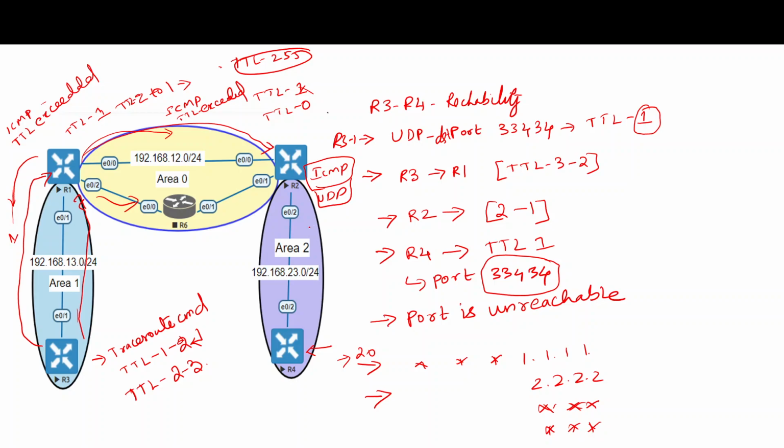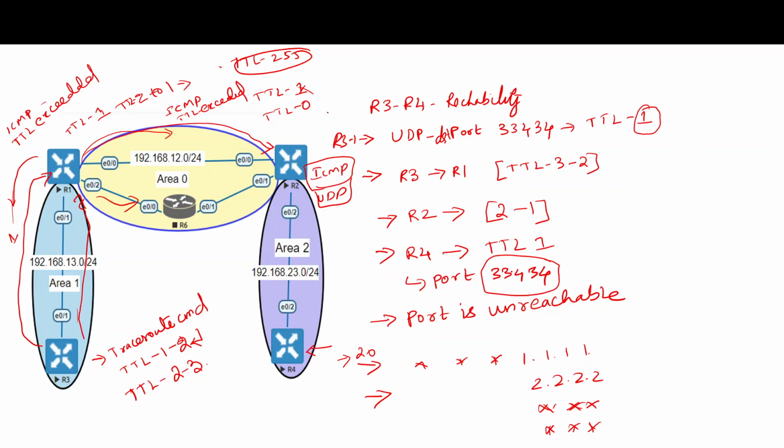So you need to ensure that in your network you are not blocking ICMP exceeded or UDP with port number 33434 in order to trace end to end. Otherwise you will not be able to complete the traceroute, and you will not be able to find the end to end path. So this is how traceroute works, guys.